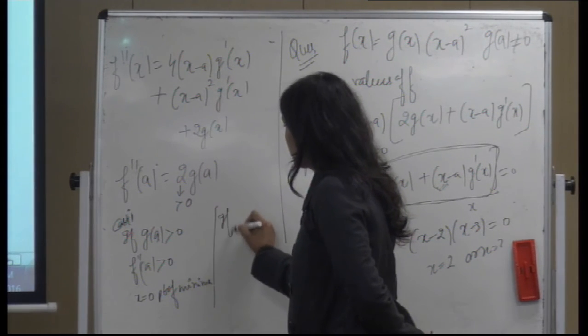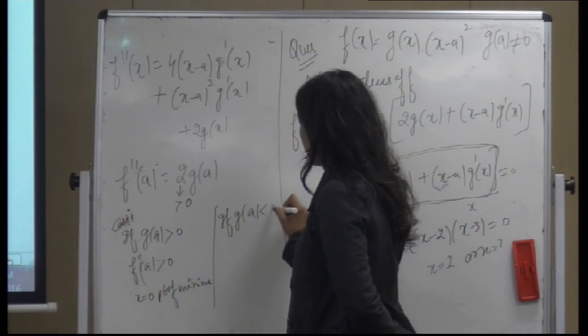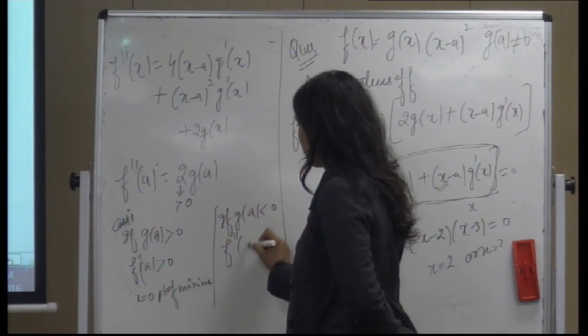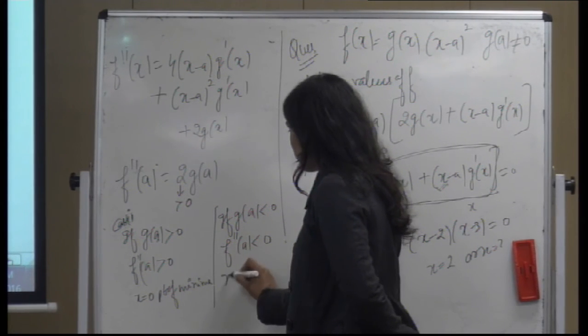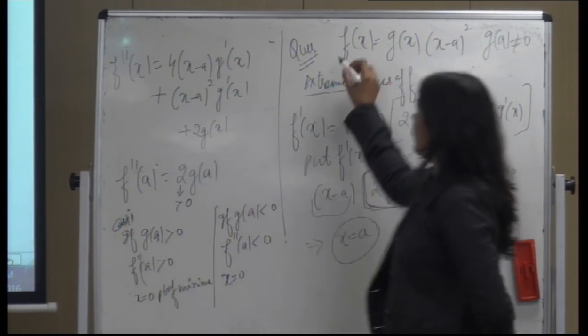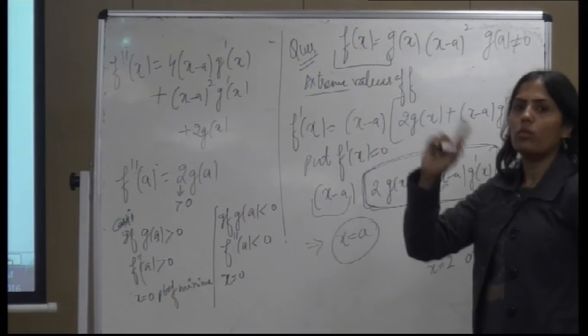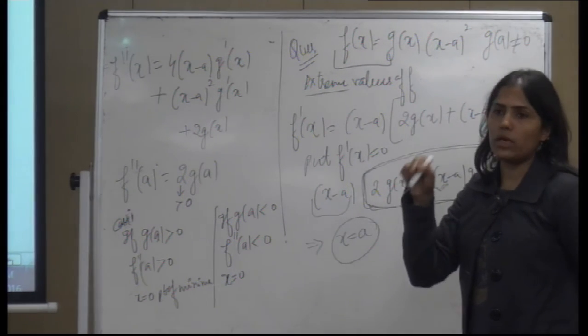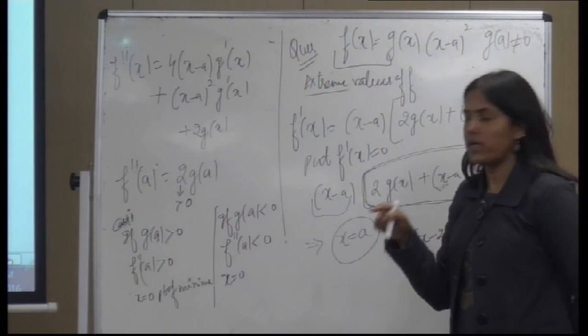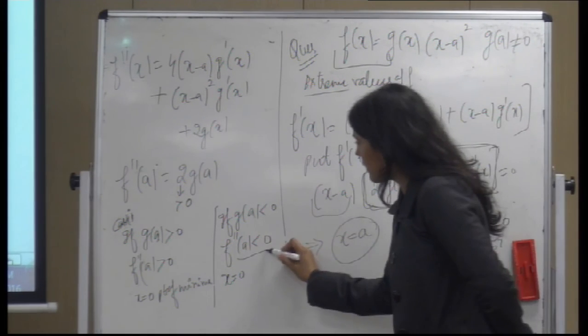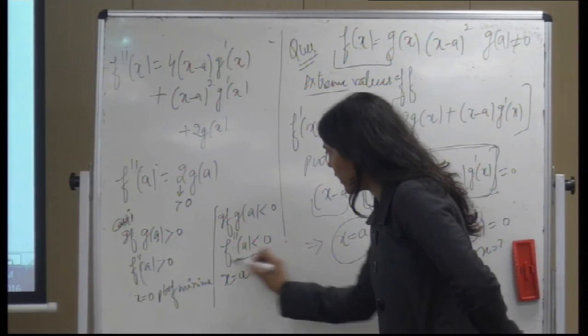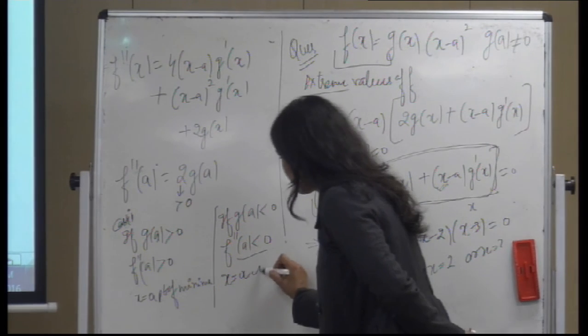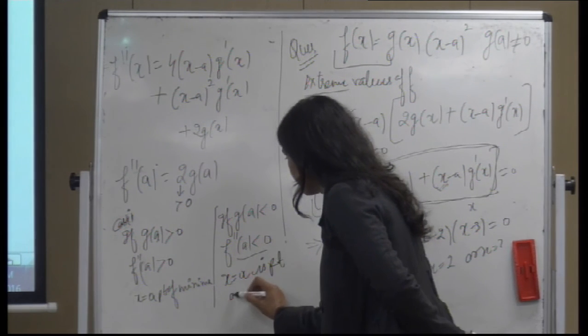If GA is less than 0, it means f double dash a is less than 0. So questions will be like that, for extremum values like GA, and it will totally depend on GA. So GA less than 0, this is less than 0, so x equal to a is a point of maxima.